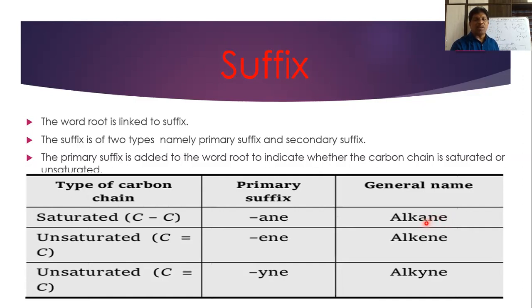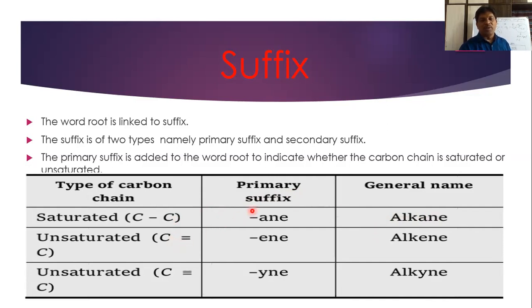An will act as primary suffix. Alk acts as root word. Okay, so in this alkane, prefix is not there now. Prefix means what? Before the root word, anything is prefix. Any prefix is not there in this. So, like this, primary suffix is the name of saturation or unsaturation.